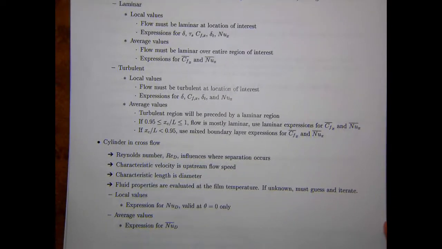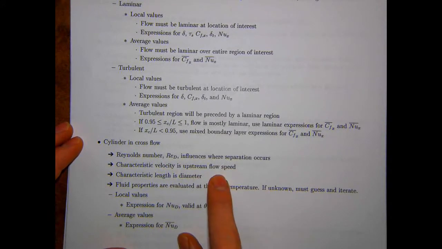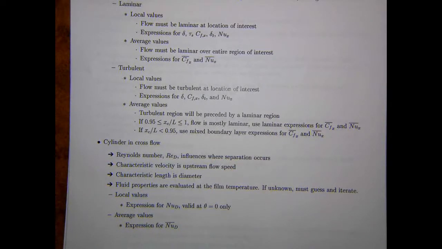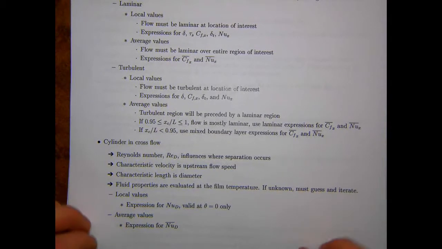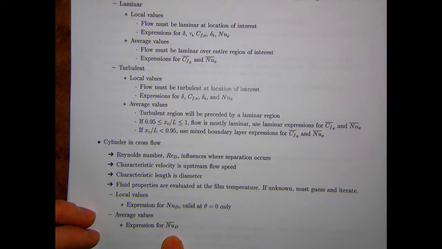Okay, we talked about a cylinder in cross flow. Here the Reynolds number is based on the diameter and the upstream flow speed. The Reynolds number influences where separation occurs, but you don't have specific laminar or turbulent regions with different expressions. All we have is one expression for the local value of the Nusselt number, which is valid only at the stagnation point at the very upstream position, and then an expression for the average value of the Nusselt number.